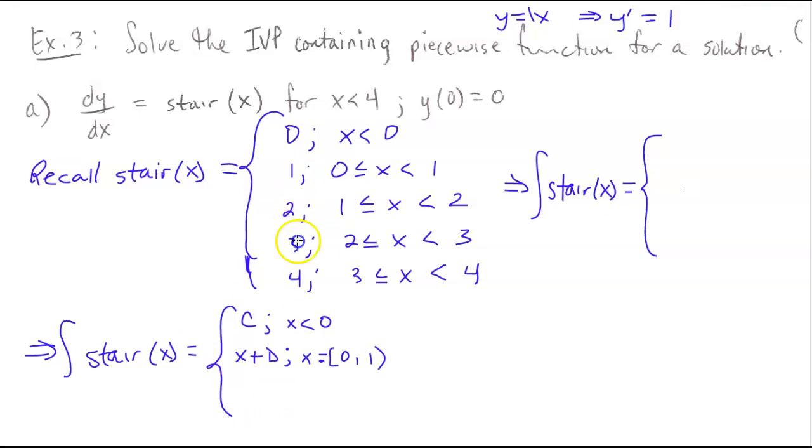So if I was to continue that trend here for the rest of these, then of course for 2, the antiderivative of 2 would be 2x plus another constant. And that would be valid for all values in between 1 and 2, excluding 2. And then I would just keep on going and do the rest of them.